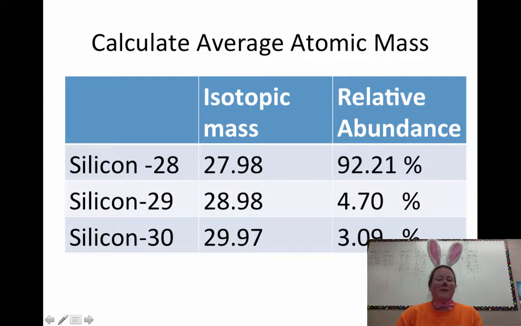We have 3 isotopes of silicon, 28, 29, and 30. And these are the masses. These are our percent abundances. So, same thing. Now I am going to strongly encourage you to, when you set this up, set it all up on one line if you can, because it's going to help really well with some upcoming problems.